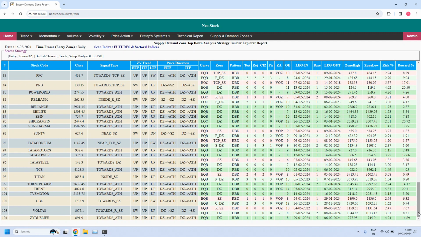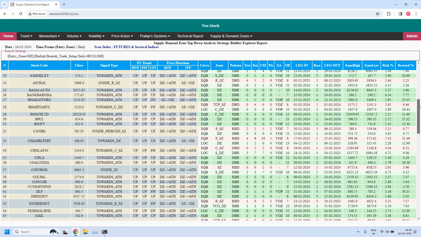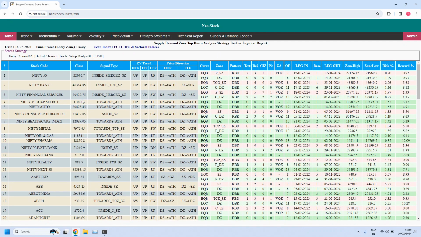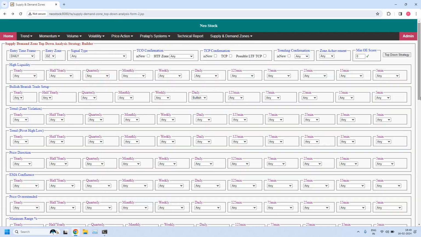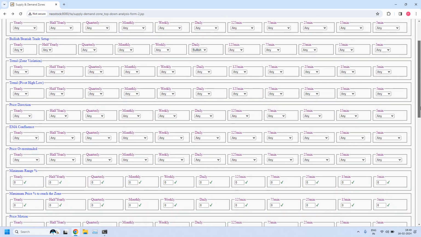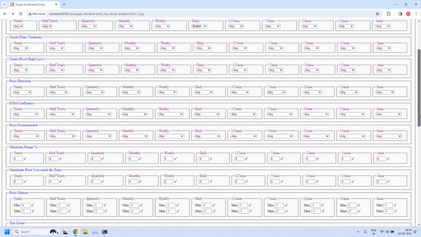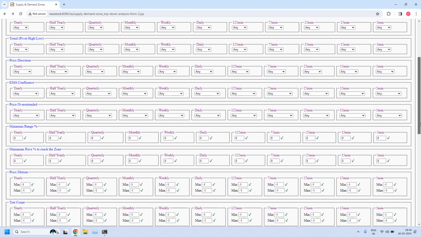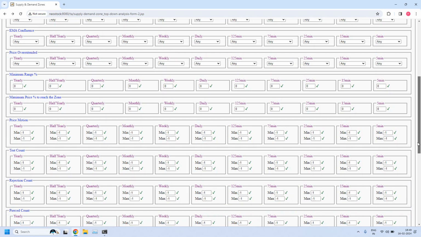Because the list is very big and we don't trade pierced zones, let us filter the pierced zones. For any fresh zones, select the test count and rejected count as 0. This time I am not setting test count to 0. Instead, I am rejecting only pierced zones.